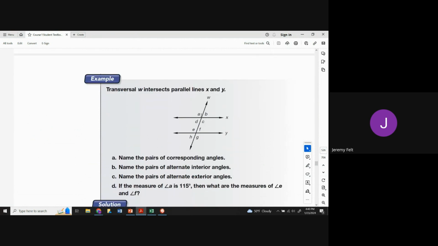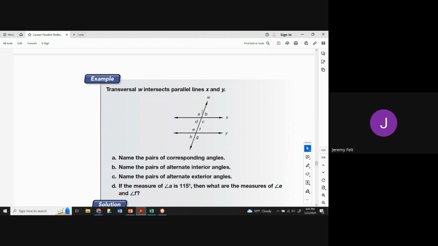So if we know A is 115, I know C, E, and G are all 115 right off the bat without doing any calculations. A and B I know have to add up to 180, so I can do 180 minus 115, which means B is 65, which means D, F, and H are all 65 because those are all my acute angles.